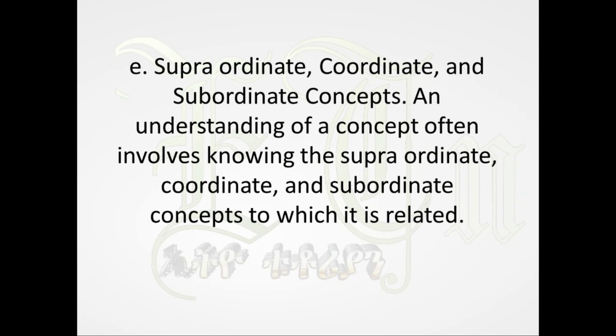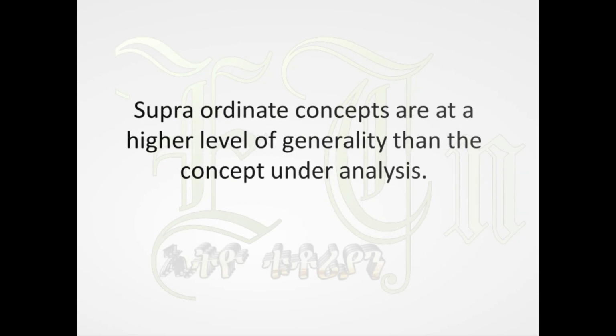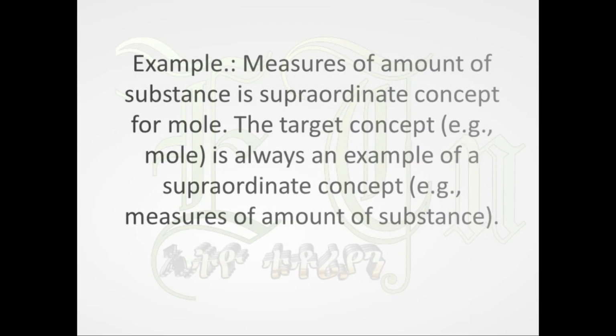Supraordinate, coordinate, and subordinate concepts. An understanding of a concept often involves knowing the supraordinate, coordinate, and subordinate concepts to which it is related. Supraordinate concepts are at a higher level of generality than the concept under analysis.